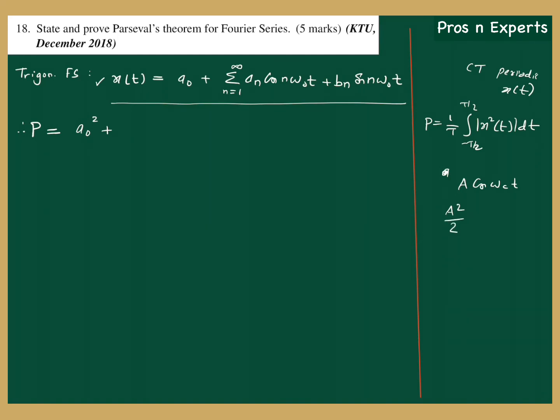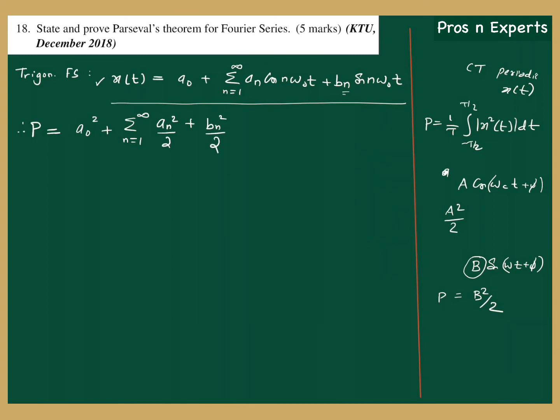Similarly, the power of a signal b sin omega t plus 5, here also plus 5, no problem, is again b square by 2. You just need to consider the amplitude square divided by 2. So I can write it as sigma n equal to 1 to infinity the amplitude square by 2 plus, again here also, amplitude square by 2.